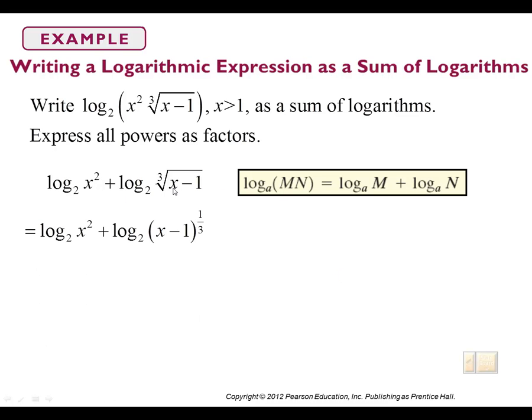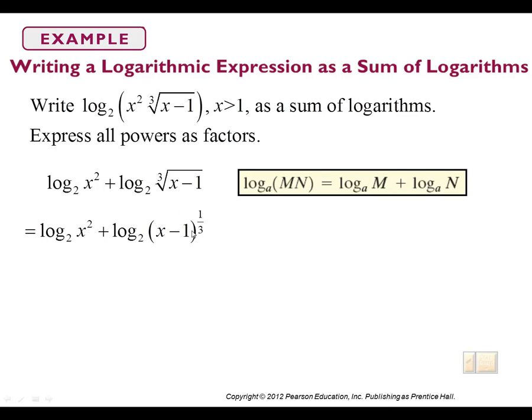Alright, now we change this cube root to 1/3, because this root here would be like n, and so this would be 1 over n. Now at this point, we want to move our powers out front and become factors. So this would become 2 log x base 2.